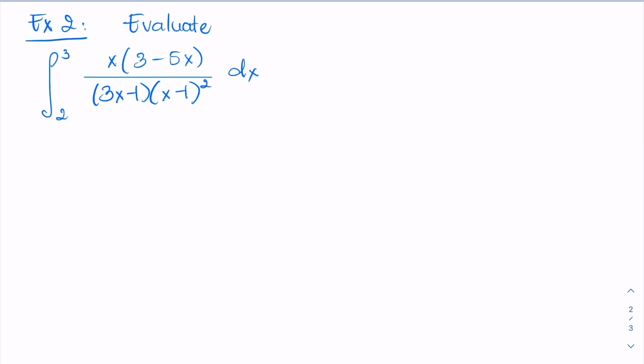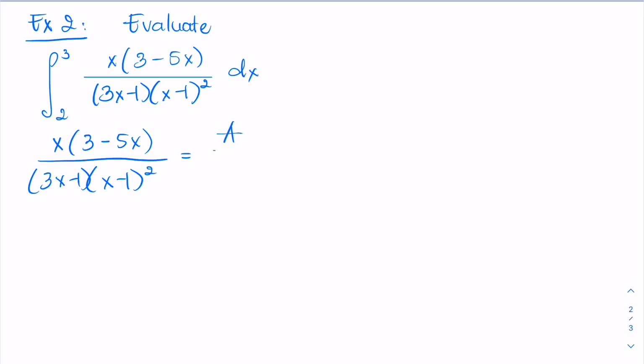For this problem, you can see that we have a linear and a quadratic, but this one right here is a linear binomial repeated. So this is how we do the partial fraction for this one. I have x cubed minus 5x over 3x minus 1, x minus 1 squared. So I'm going to get A for 3x minus 1.